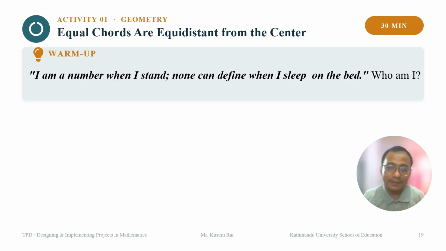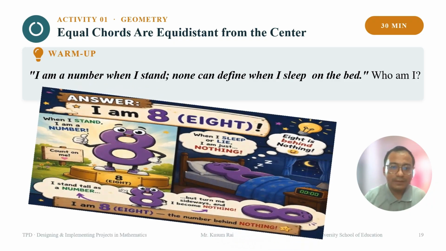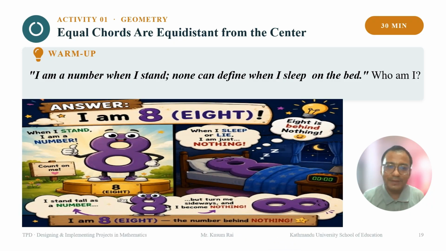I already displayed this. I am a number when I stand. No one can define me when I sleep on the bed. Who am I? This riddle is kept like this. I think everybody has already guessed the number. So I'm going to show the result now. The answer is: I'm 8.